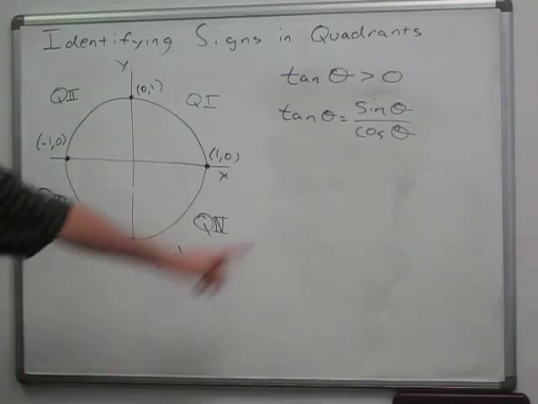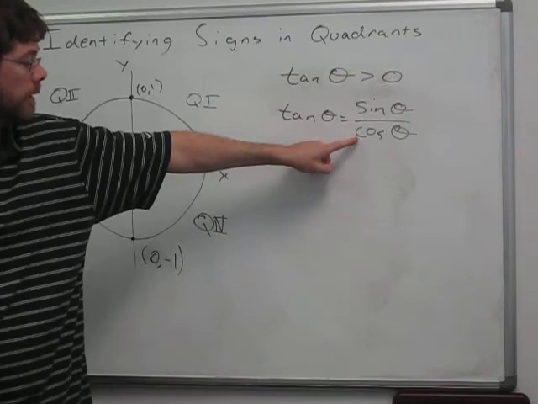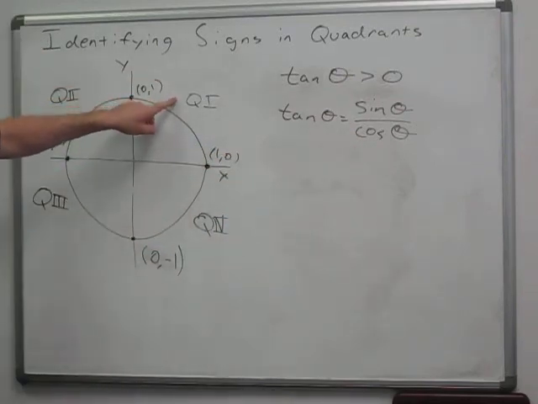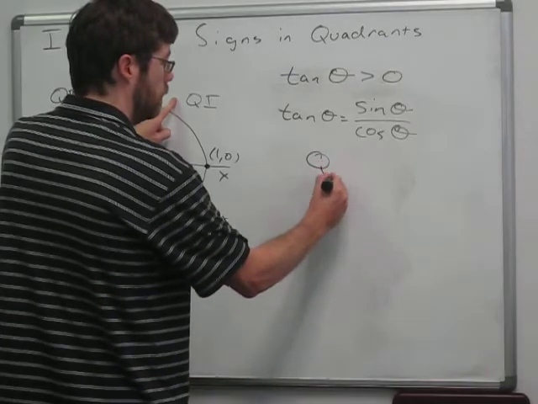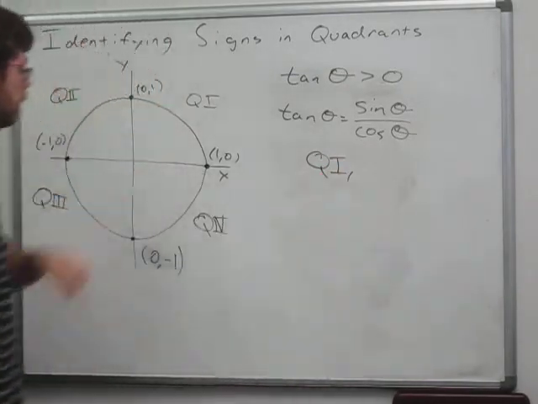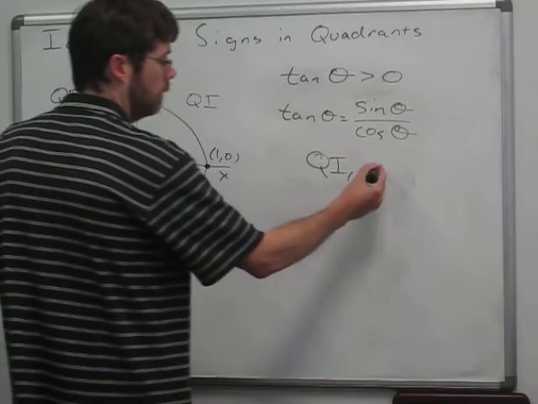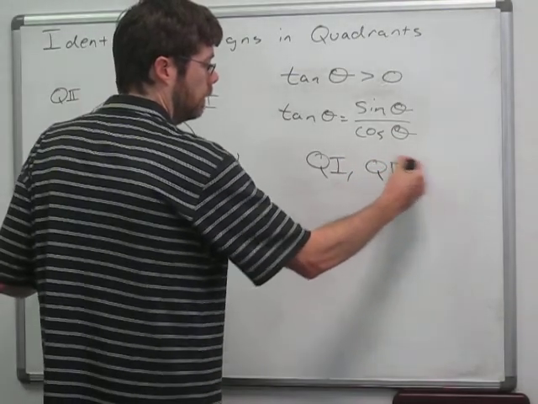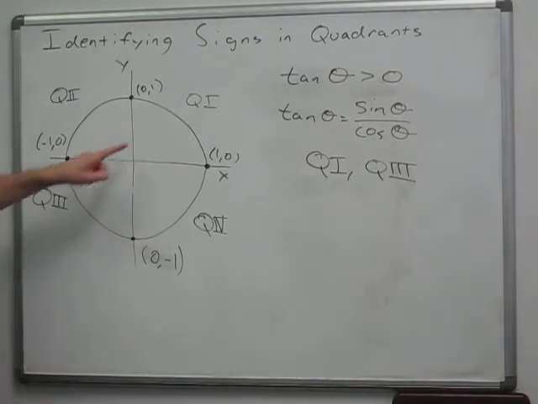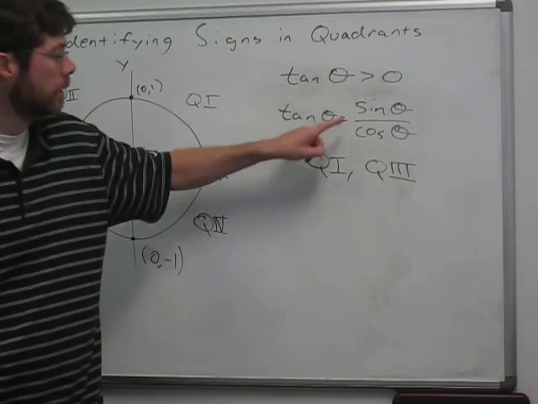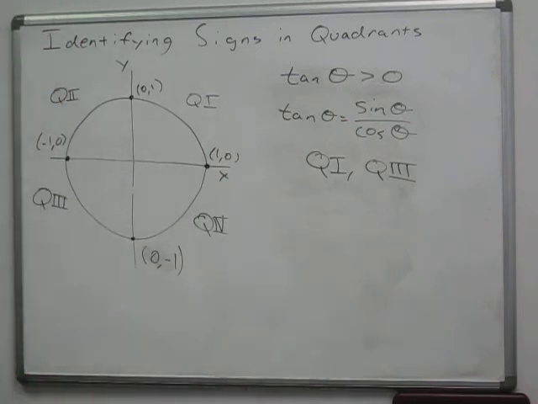Well, sine is the y-coordinate, cosine is the x-coordinate. X and y coordinates are positive in quadrant 1, and they are both negative in quadrant 3. So in those two quadrants, y over x, or the sine over the cosine, will give us a positive number.